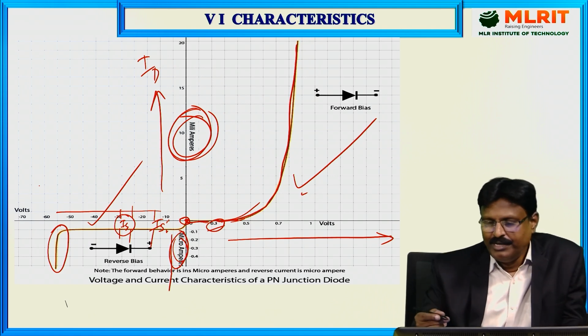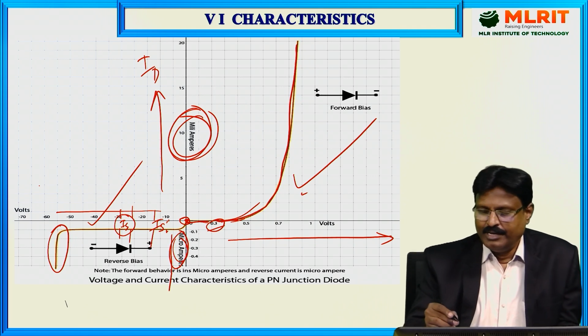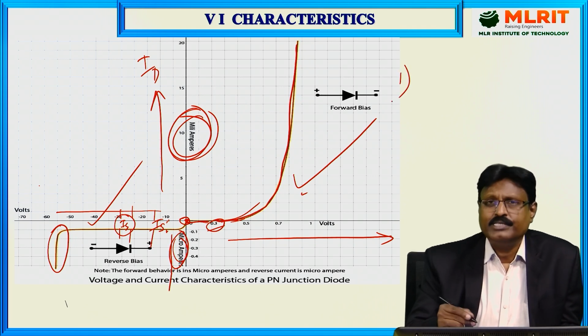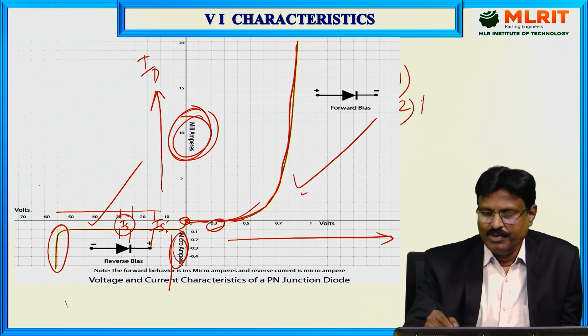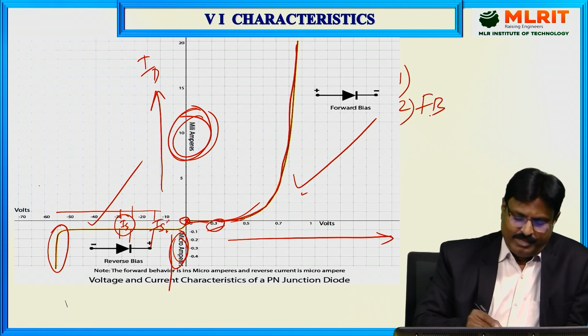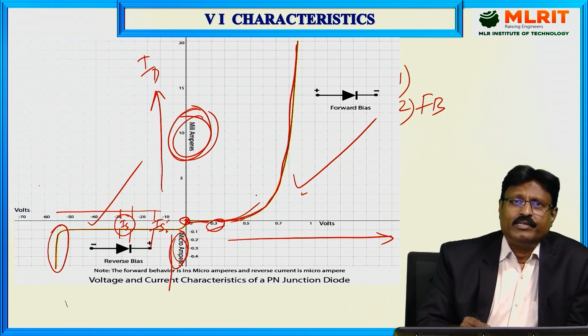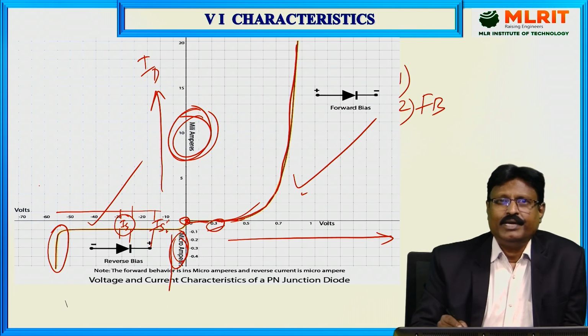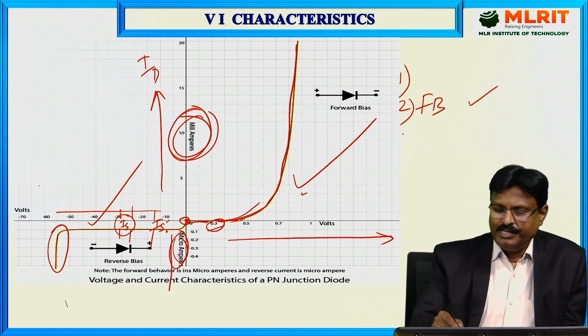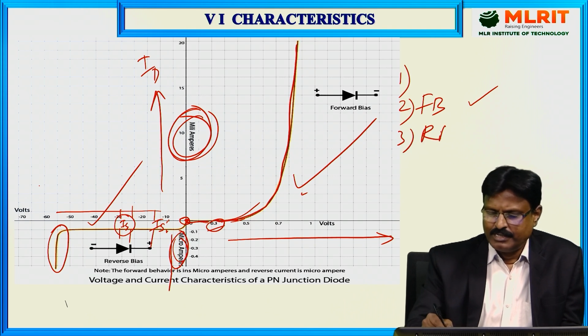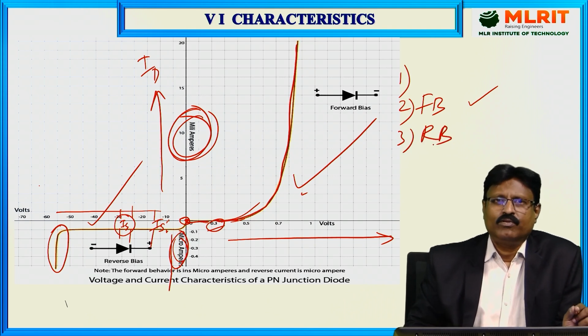So finally, I will be concluding here. First, at zero bias, a barrier potential is created inside the device. At the forward bias, the majority carriers cross the junction, so a maximum current will be flown. In the reverse bias, the depletion region goes on increasing.